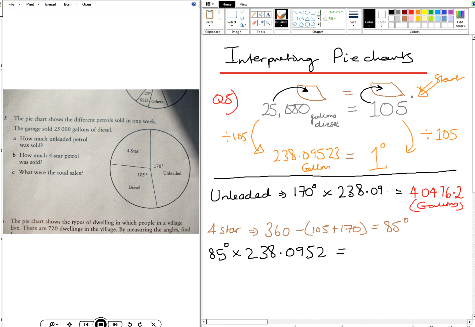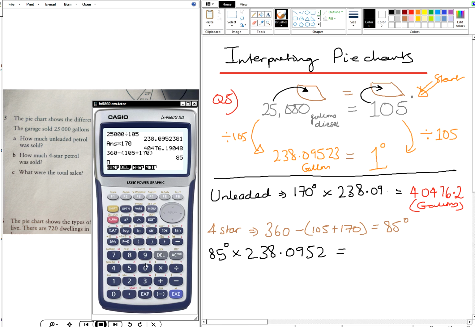So let's pull up our calculator and do the calculation. 85 multiplied by 238.0952381. I'm just copying it from above. That equals, what do you get?